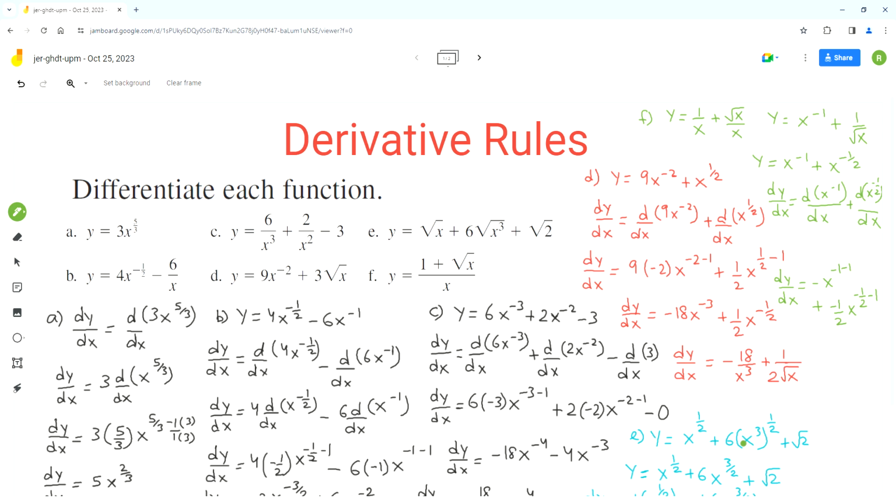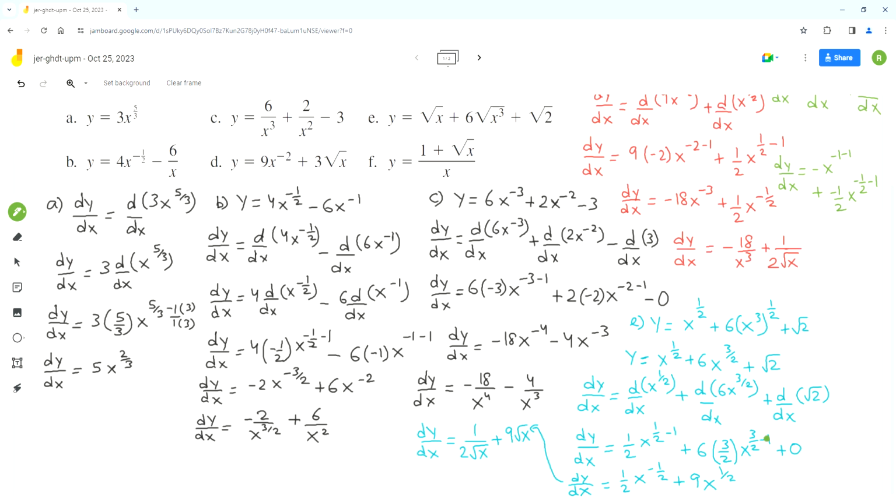So now I'll just squeeze it here on this side. Right? So we get dy over dx equals negative x to the power negative 2, and then in the second term, plus negative half, so it becomes negative 1 over 2, and then x to the power negative 3 over 2, because negative half minus 1 is negative 3 over 2.